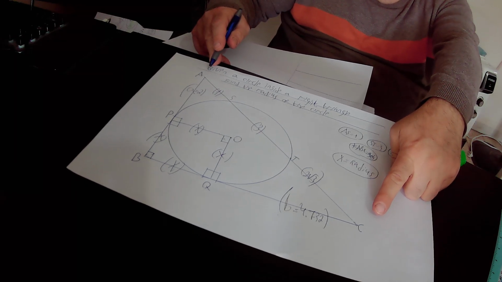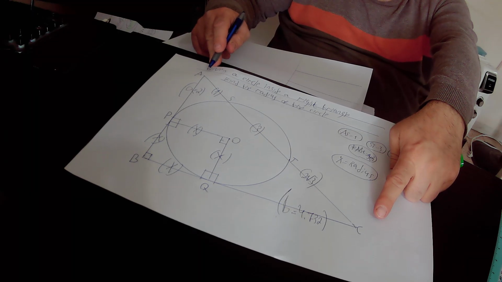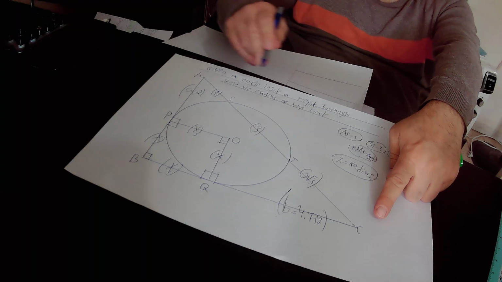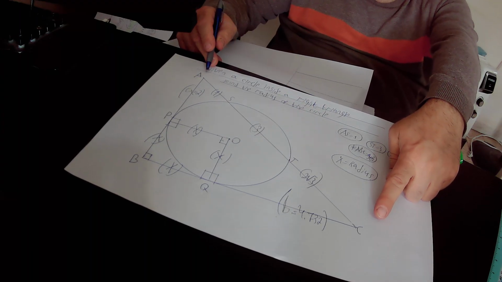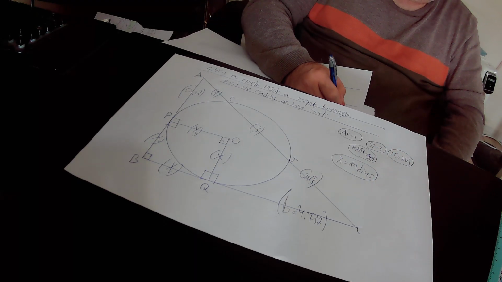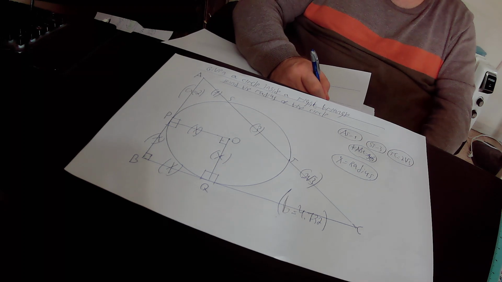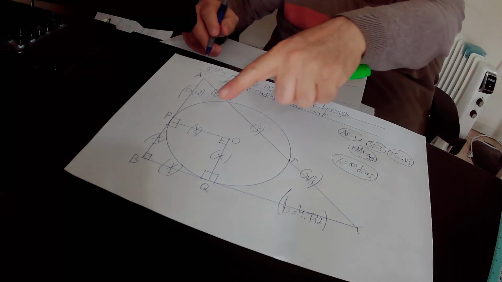From the domain it is very easy to see that AC equals 1 plus 3, that is 4, plus 2 times root of 3. So in total, AC equals 4 plus 2 times root of 3. And therefore, AC squared will be equal to (4 plus 2 times root of 3) squared. And it is equal to AB squared.